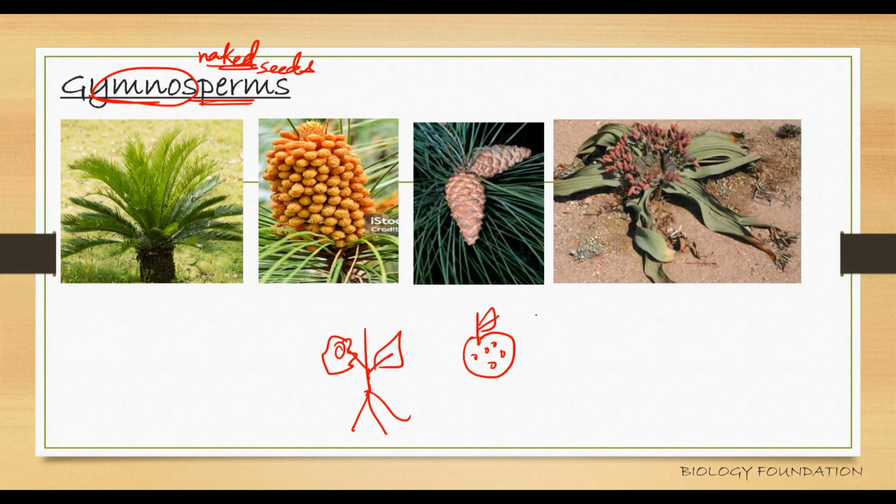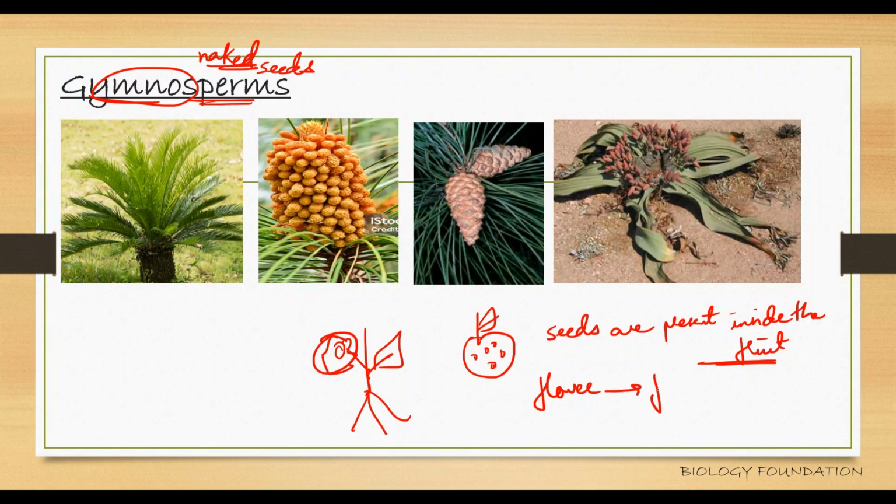So generally in plants, seeds are present inside the fruit. And how is this fruit formed? From the flower only. A flower has an ovary, the ovary develops into a fruit, and inside the fruit you have seeds.